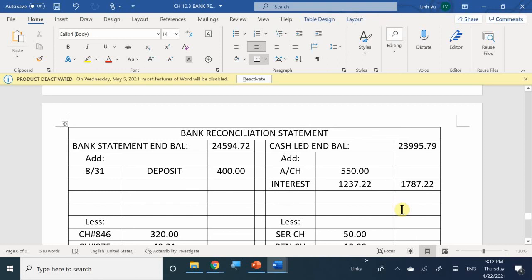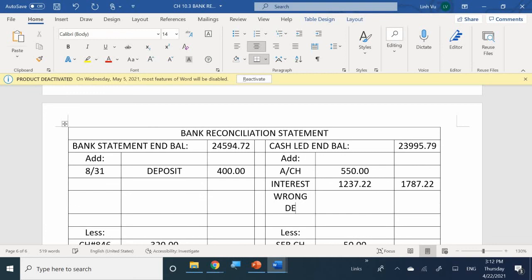So in this case, you can write a note that this is, I don't know, missing money. Or actually, no, wrong deposit amount.